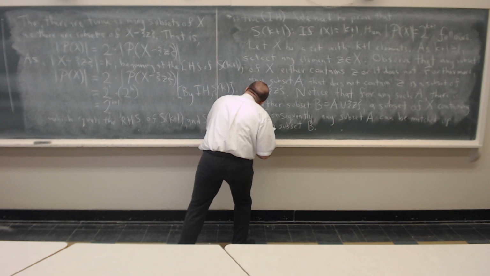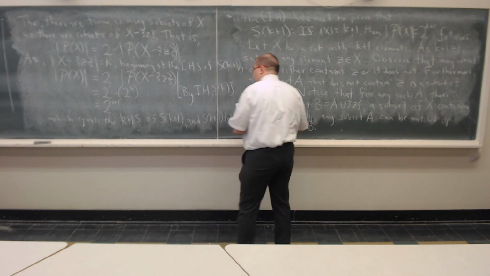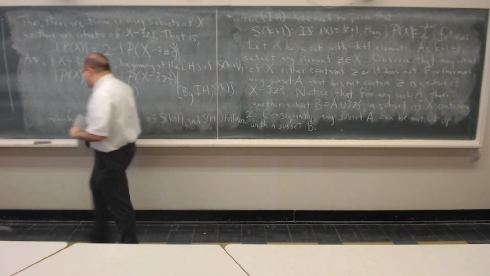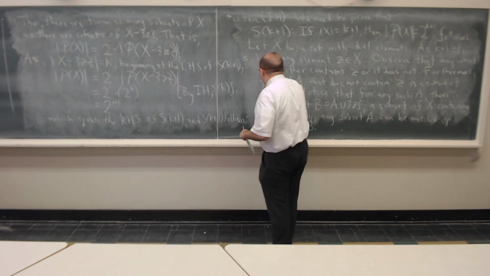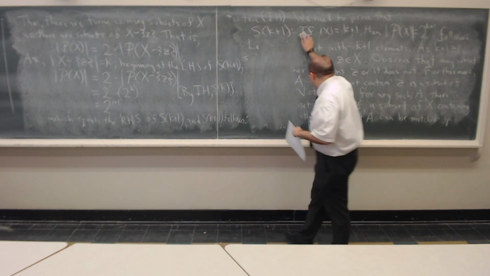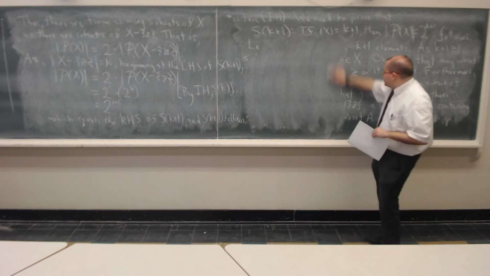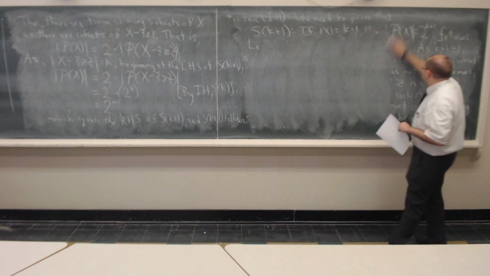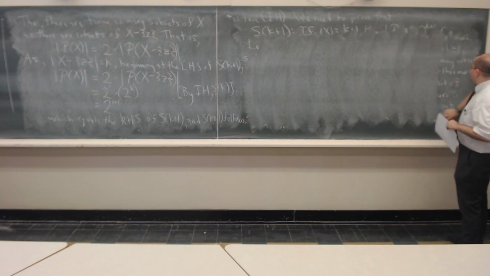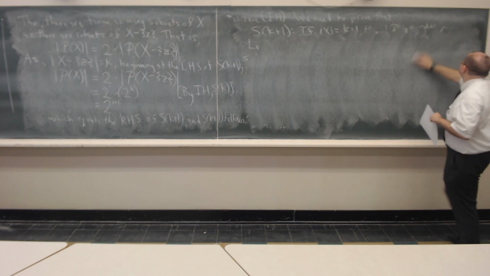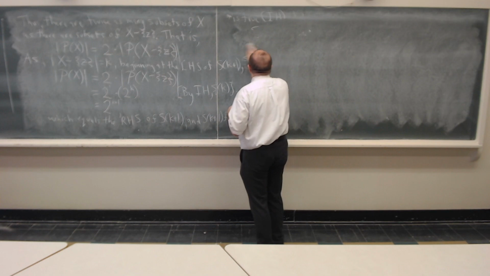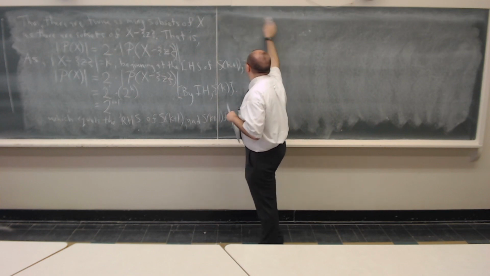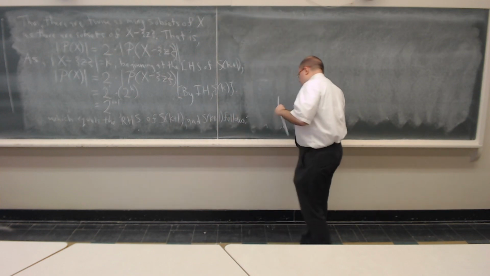So we've completed the inductive step, and now I just need my final conclusion. So it seems like we're probably not going to get to functions today. I'm just going to talk about one more thing right after I finish this proof. Remember, we always need our conclusion.